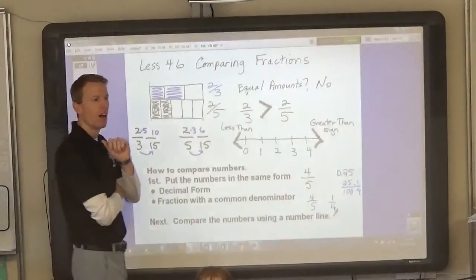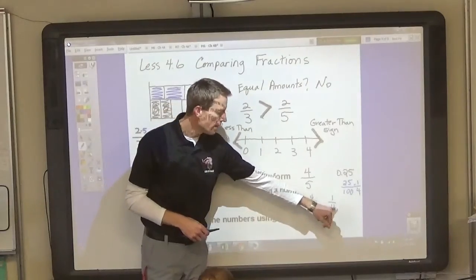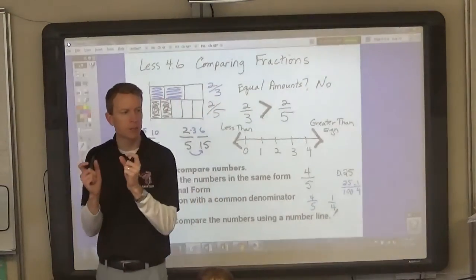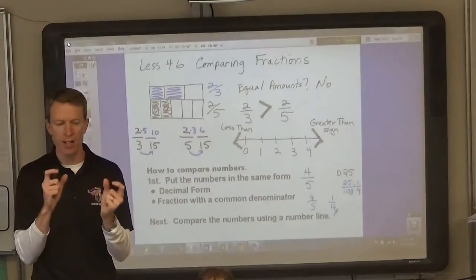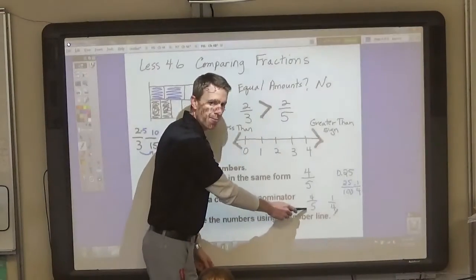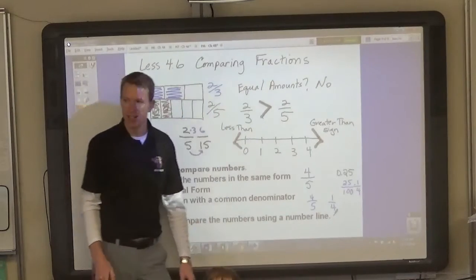Right. One of the things you can do when you have fractions like this, even though they don't have the same denominator, so they're not the exact same size pieces, that's the most accurate way to tell. But we can estimate this because this one is more than half, and this one is less than half.